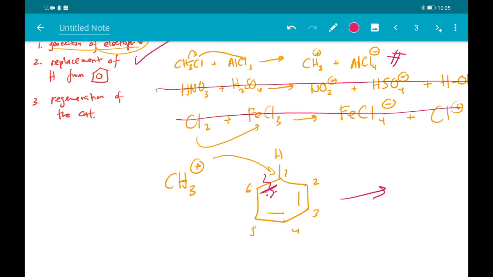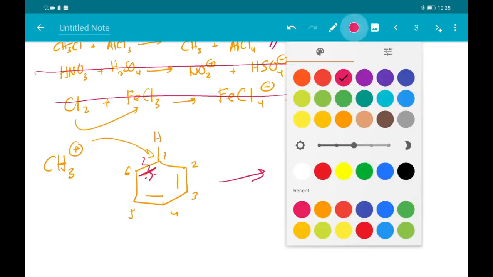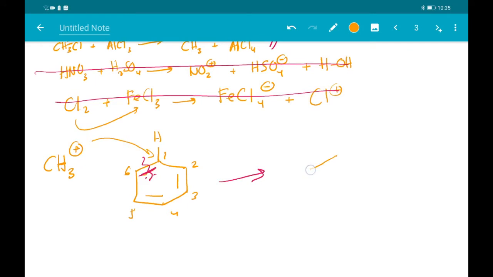What's going to happen next is the double bonds between number 2 and number 3 and also number 4 and number 5 will remain, while the bond between number 6 and number 1 has been broken to attach to the CH3, and of course there is the hydrogen that we're going to replace. Since carbon number 6 has lost its electron, it will bear the positive charge.